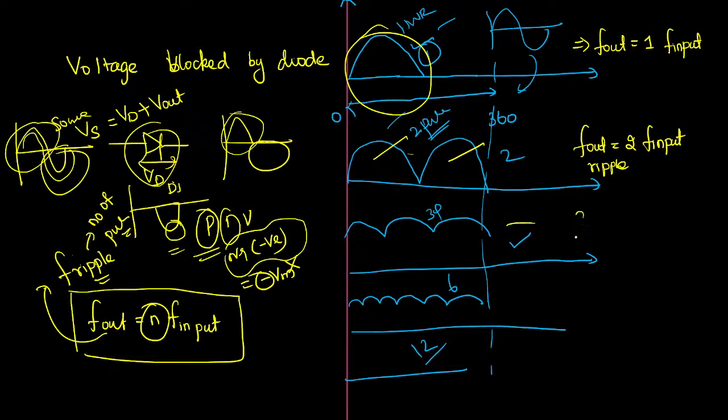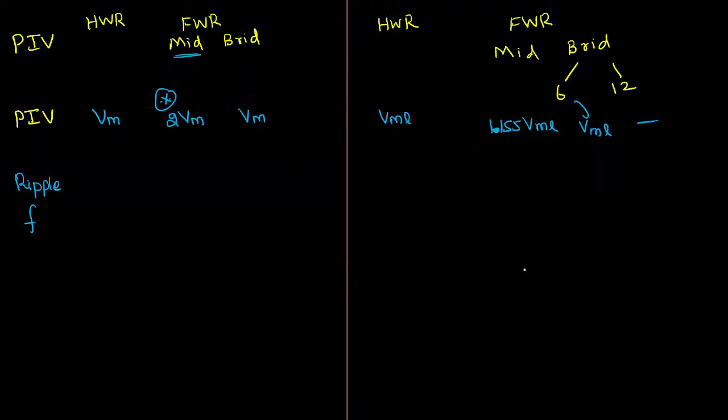For the three phase half wave rectifier, the ripple frequency is going to be 3 times the input frequency. For 6 pulse it will be 6 times the input frequency, and 12 pulse means 12 times the input frequency. That is how we identify the number of pulses.